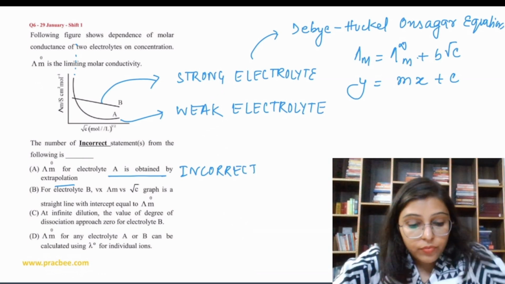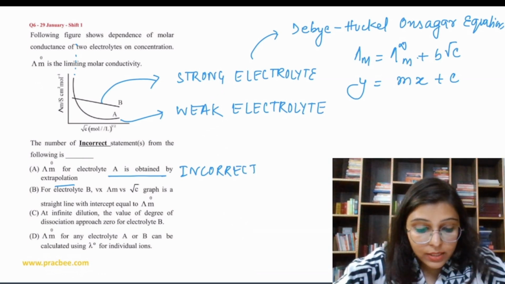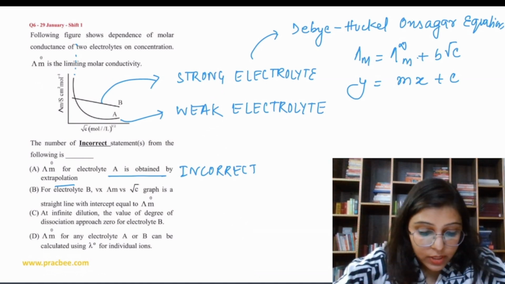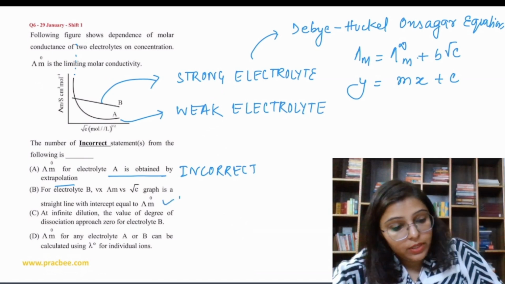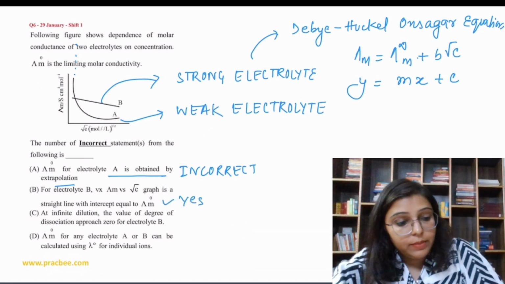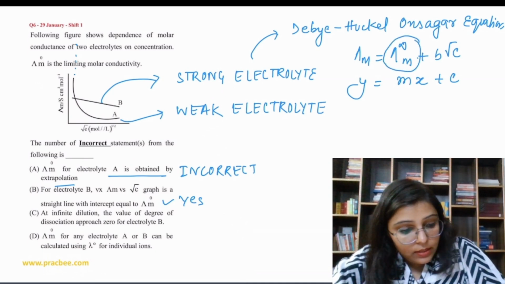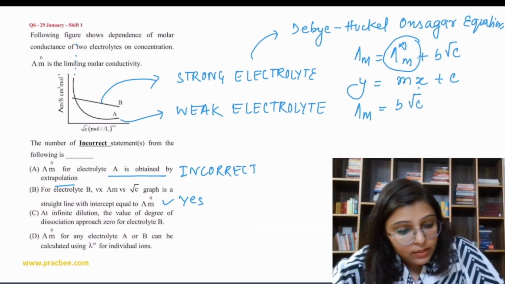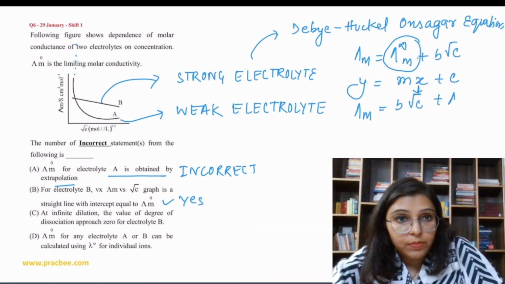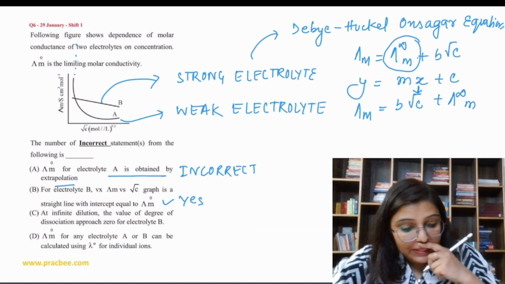Second, for electrolyte B, the lambda m versus under root C graph is a straight line with the intercept equal to lambda naught m. Yes, here the intercept is lambda infinite m, and x is under root C. So this is correct.